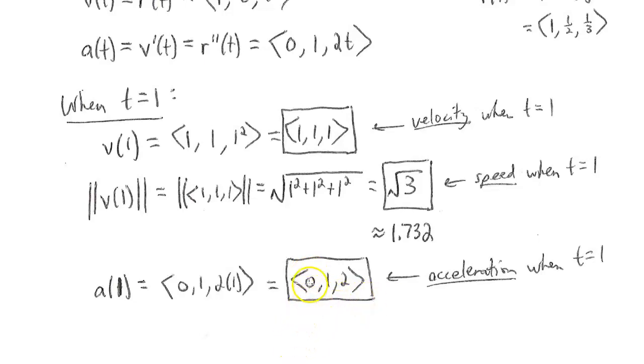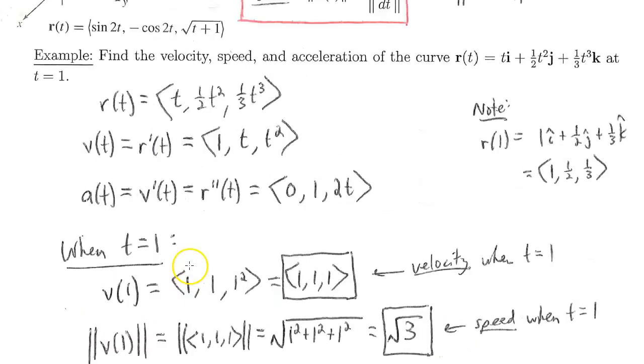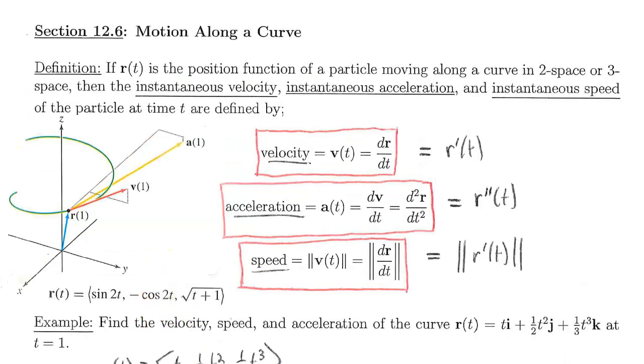It would be the square root of 0 squared plus 1 squared plus 2 squared. That would end up being the square root of 5, which is 2 point something, and that would be units per second squared. That would be the acceleration that you're experiencing, or really the magnitude of the acceleration would be that. So that's position, velocity, and acceleration.